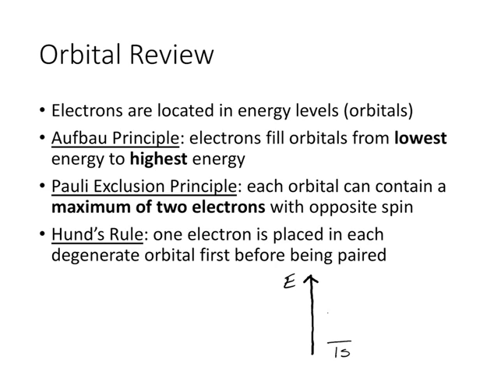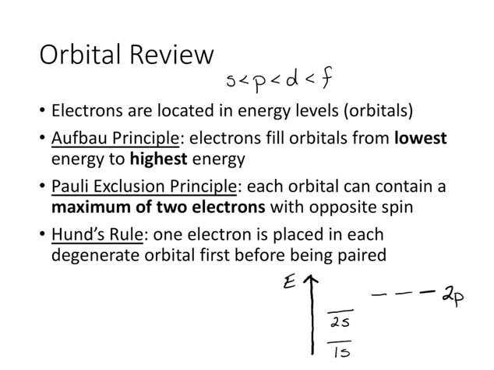And then we go to energy level 2, which has a 2s orbital and 3 2p orbitals. And remember that s orbitals are lower in energy than p orbitals, which are lower in energy than d orbitals, which are lower in energy than f orbitals.